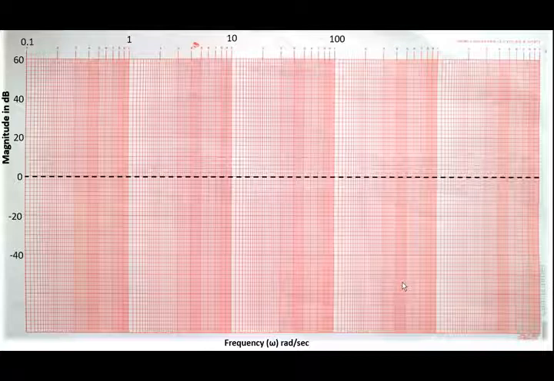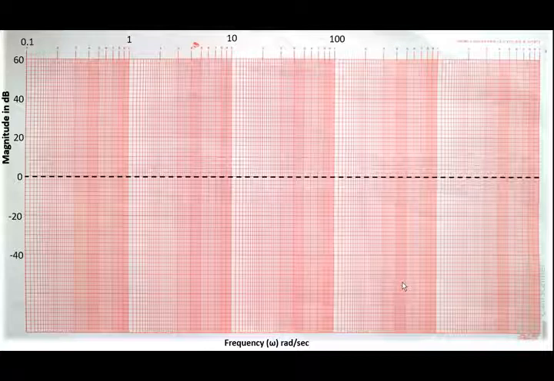We need to keep the system in stable condition. So we know which is the marginal value that we can apply for the system in order to keep the system in stable state. So it will be on a border. If we increase or decrease the magnitude value or phase angle value, it may move to unstable state. So we can control it by using this frequency domain response, that is frequency plot.